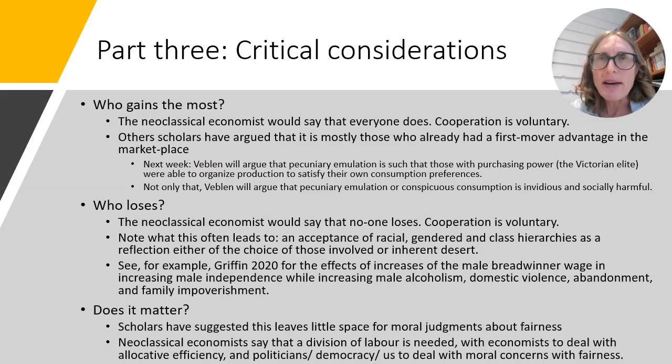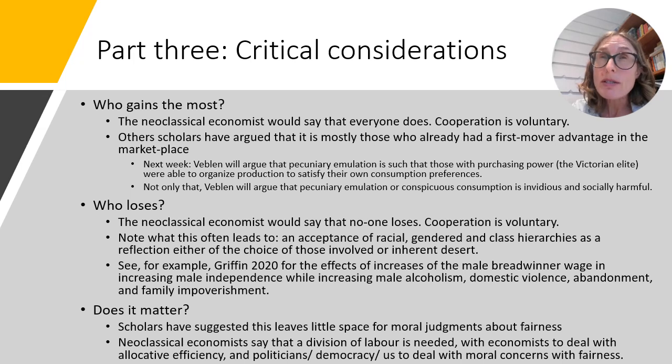We've looked in part one at how neoclassical economists conceptualised their problem. We've looked in part two at how they responded to this problem with a new methodology and theories and policies. Now we can ask in part three some critical questions.